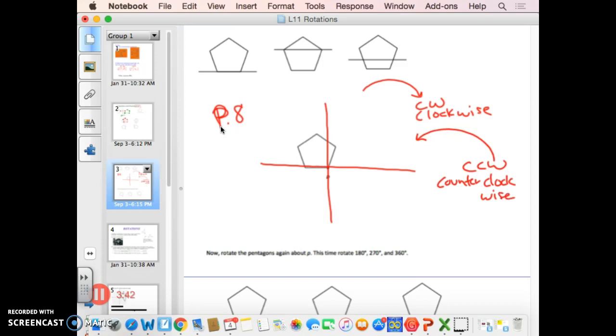And each one of these turns, every time you go into a coordinate grid, so this would be a 90-degree counterclockwise, and if you lined it up over here, it would be a 90 degrees clockwise.